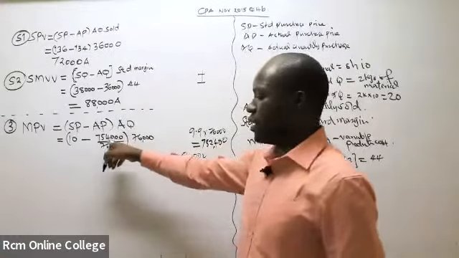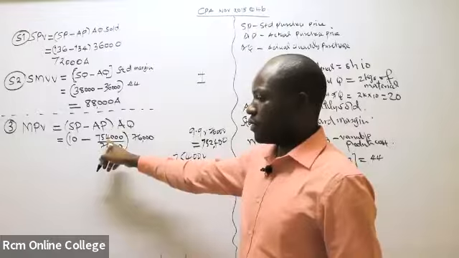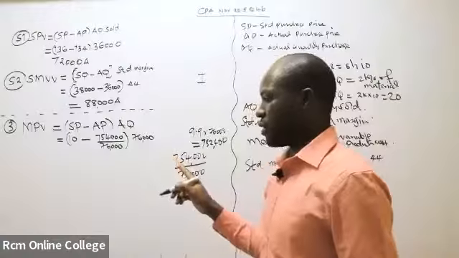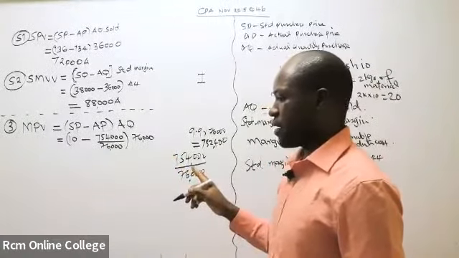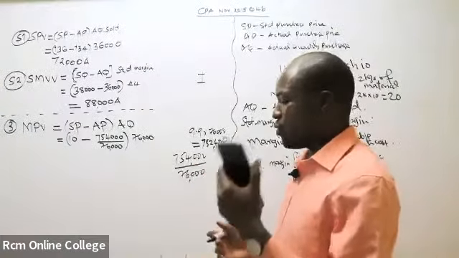And what were we having initially? 754,000. So have you seen the problem of rounding off? How do I do away with this rounding off?